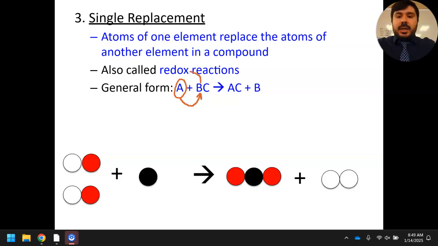The single replacement occurs here where there's only a single replacement of an element in the compound. So the A comes in, boots the B out, and the B leaves the compound and becomes the single element by itself. That's exactly what happens over here. So now we have A combined with C, which has then booted B out to be by itself. Okay, and that is a single replacement reaction here.